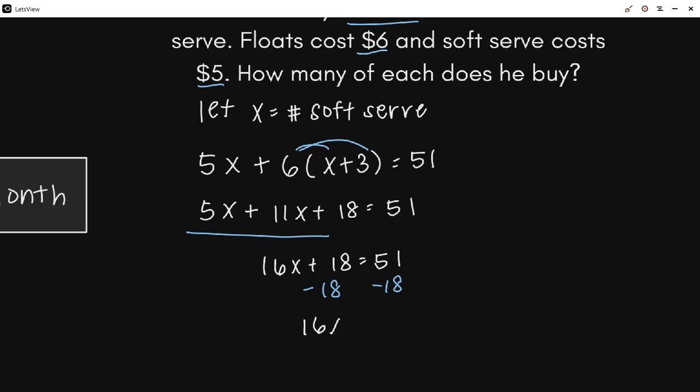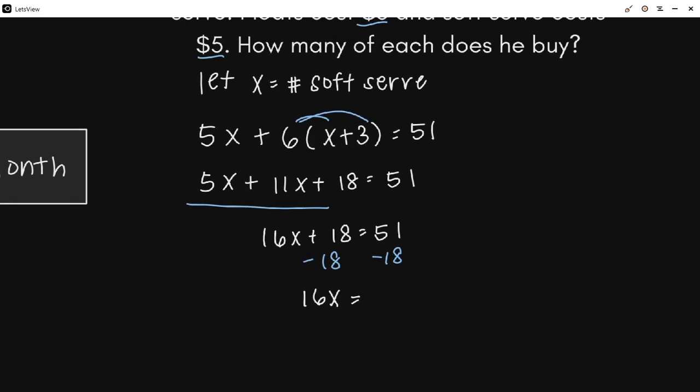So 16x equals 33. Oh, I'm sorry, I messed up. 6 times x is 6x, not 11x. Sorry, I keep clicking on the wrong button. Okay, this should be 11 and this should be 11.